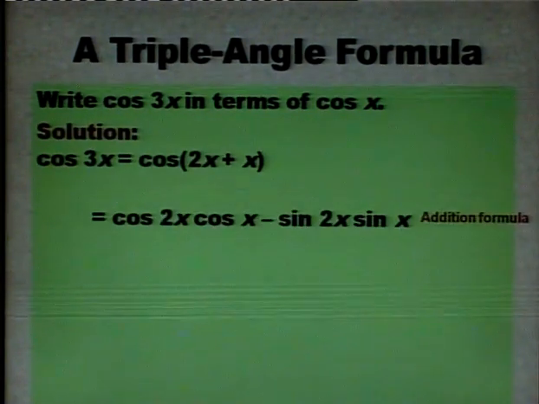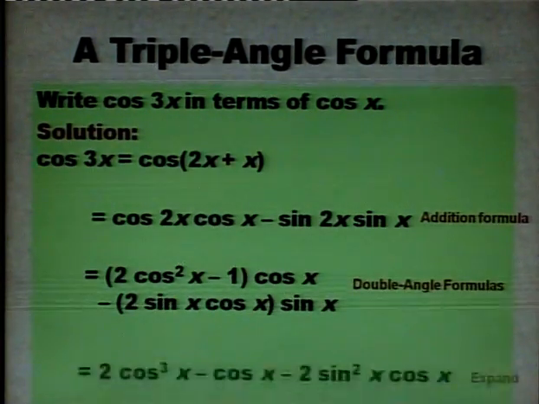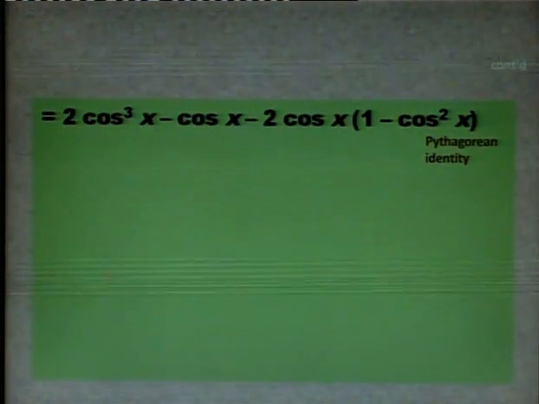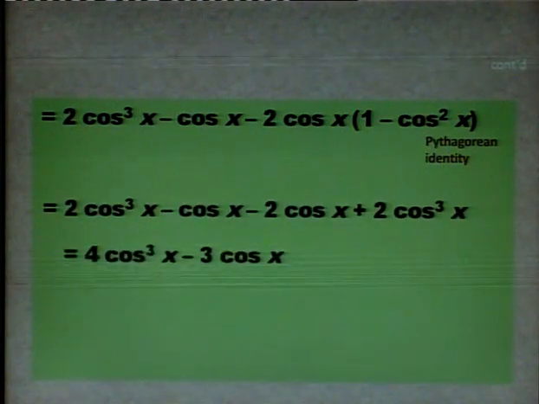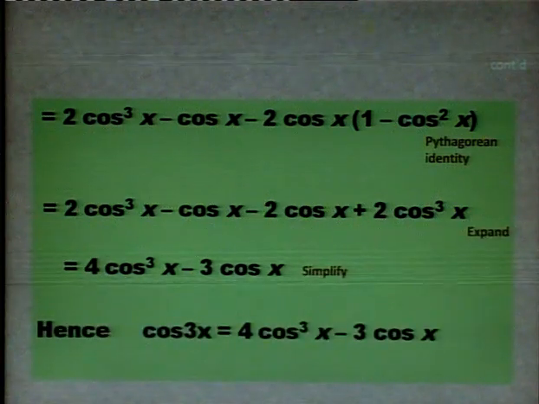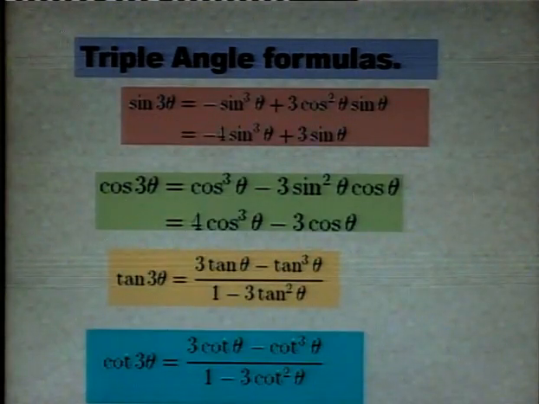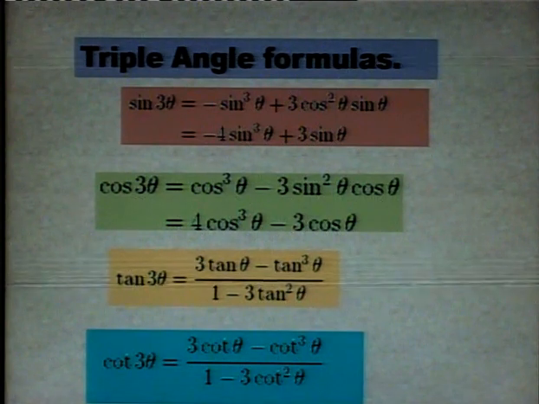Cos 3x I have already derived, that is just a repetition, that is simply an exercise. So you see the steps and you get 4 cos cube x minus 3 cos x. So these are your final expressions.